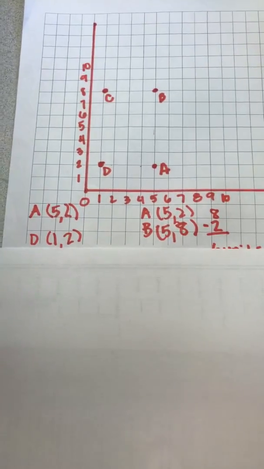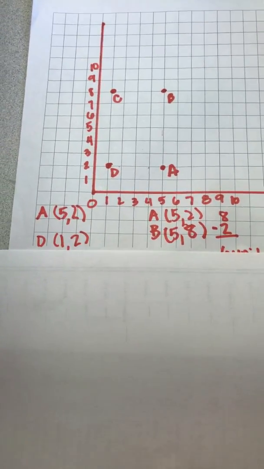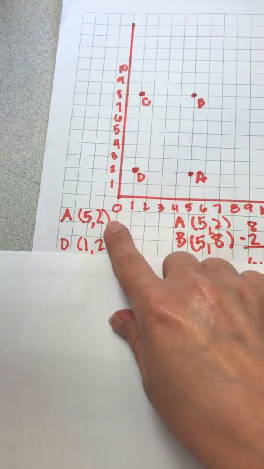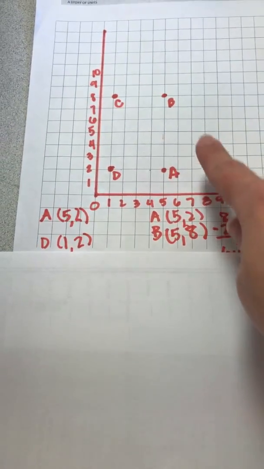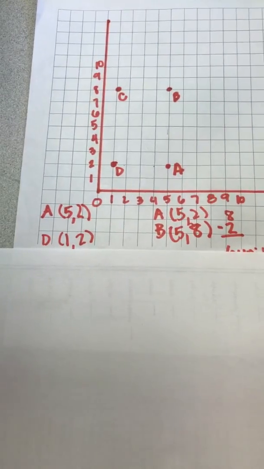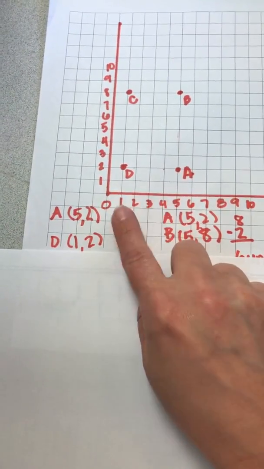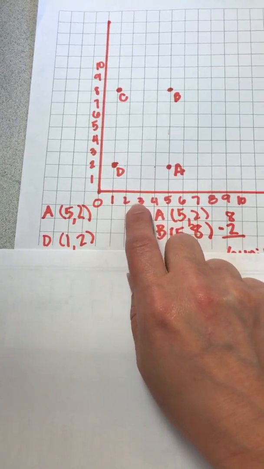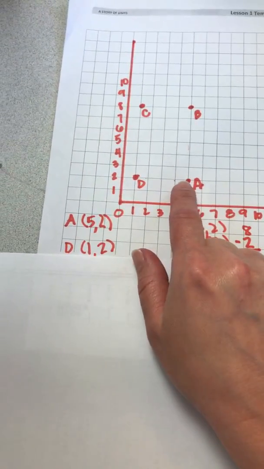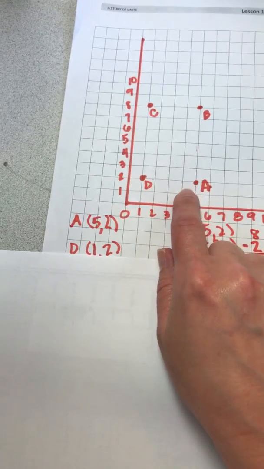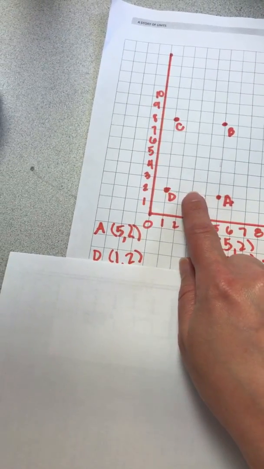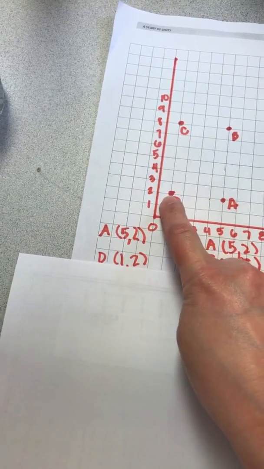So for right now, I've just drawn these letters. For instance, I want you to look at point A and point D. Visually, I can look at that and say, my number line's just going by 1. My x-axis is just one whole number. So I can say, 1, 2, 3, 4.